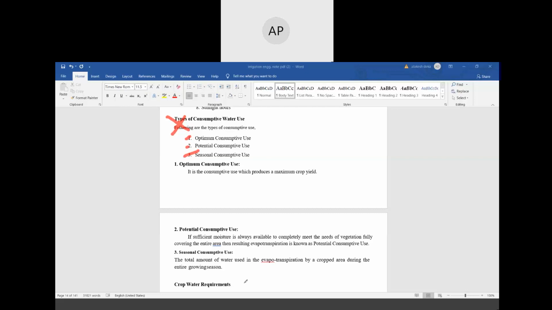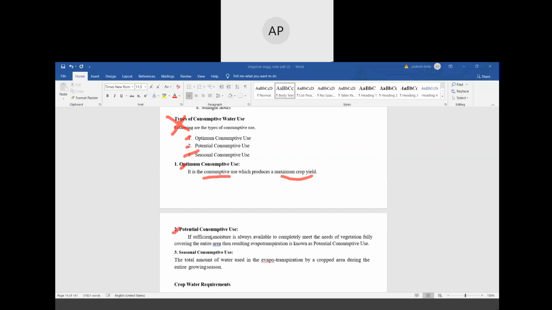Okay, so optimum consumptive use is the consumptive use which produces a maximum crop yield. Next is potential consumptive use.